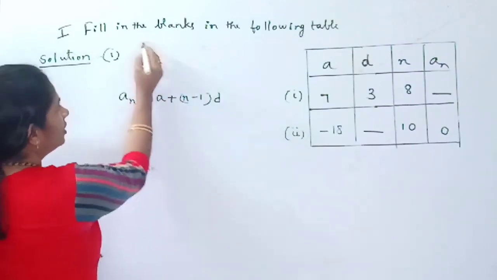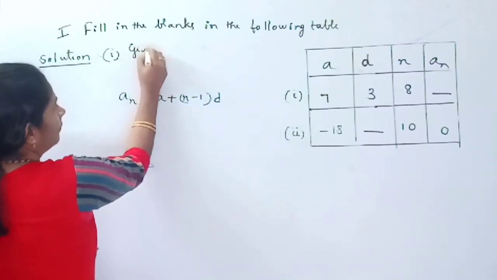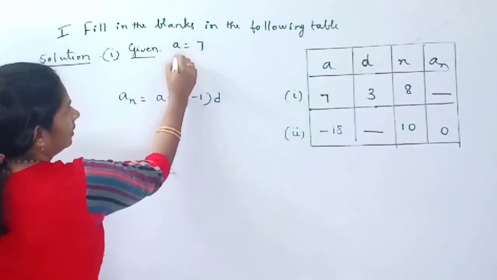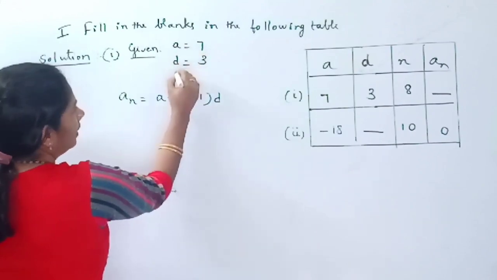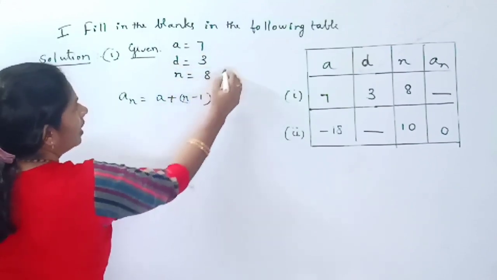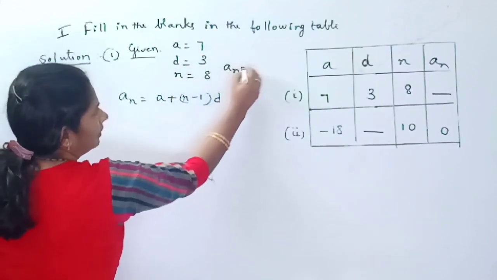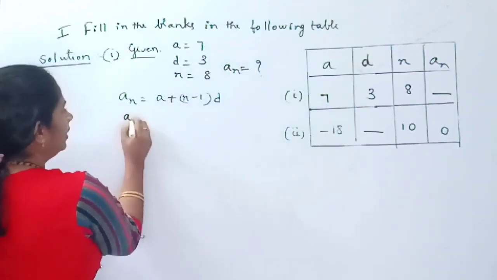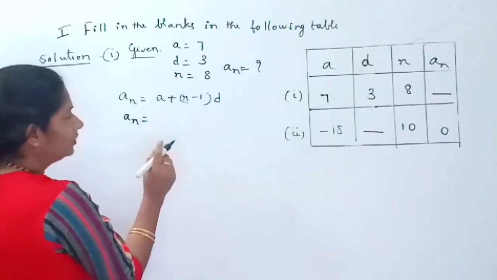Now what is given, children? A value is given, it is 7, D value is given, it is 3, N value is given, it is 8, and they asked you to find the AN value. So substitute the values, children.